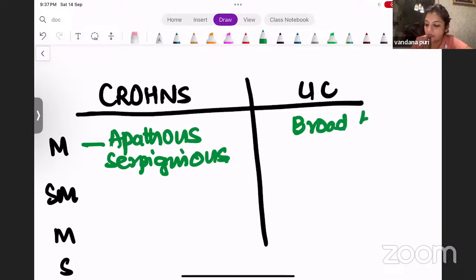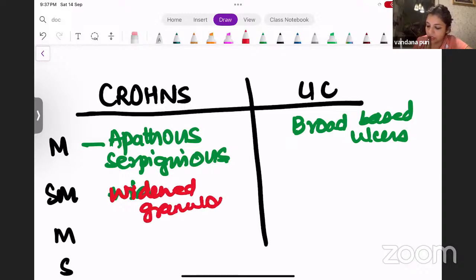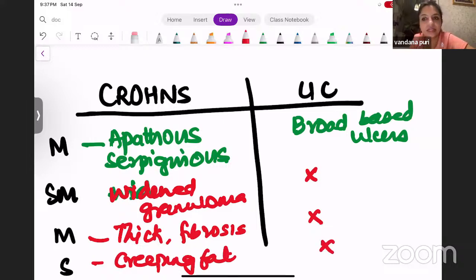Okay? In Crohn's the submucosa gets widened and there is granuloma. Here, nothing: no widening, no granulomas. In the muscularis of Crohn's there is thickening and fibrosis; in ulcerative colitis it is not involved. In the serosa of Crohn's we have creeping fat, which again is not there in ulcerative colitis.